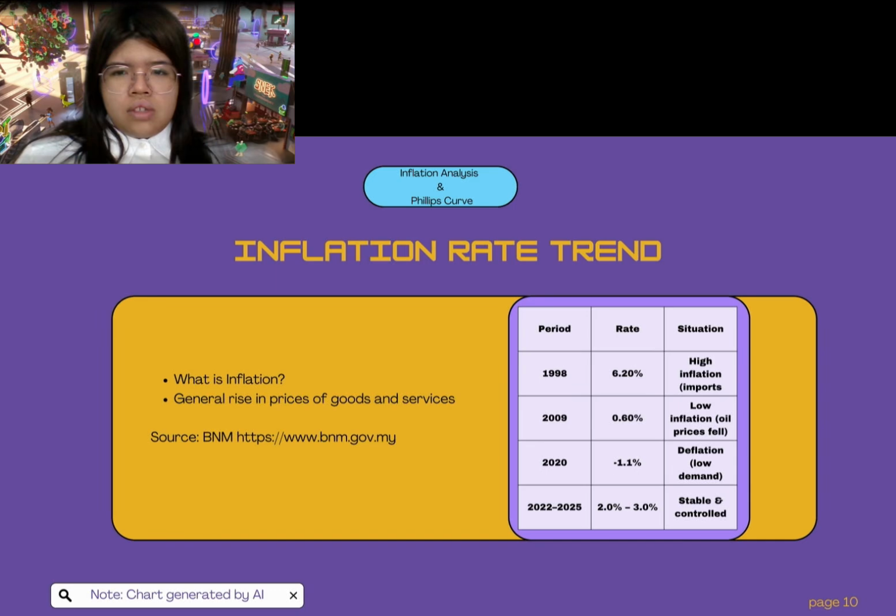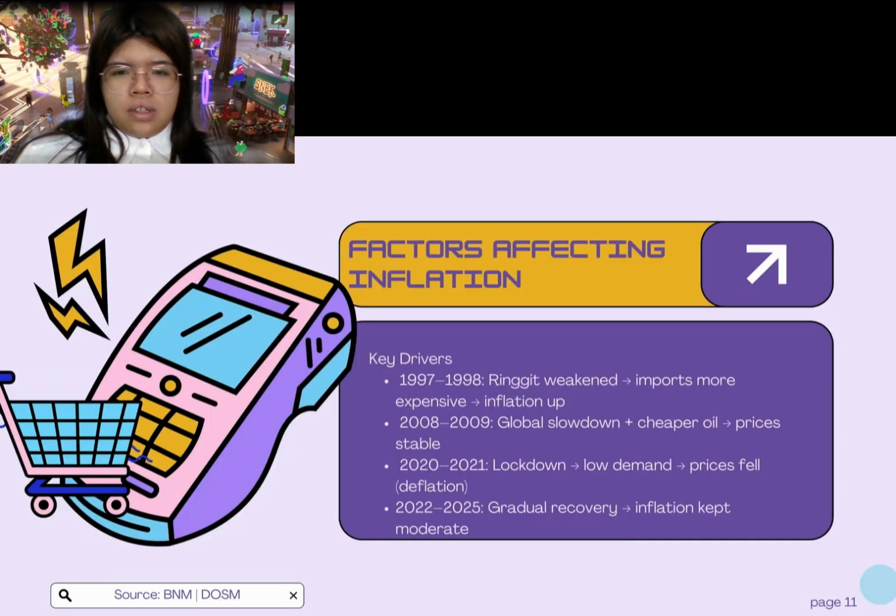In 2020, Malaysia had deflation, which means prices fell because of the COVID-19 lockdown and lower demand. In 2022 to 2025, inflation stayed around 2% to 3%, showing that prices became more stable. Next, let's look at the factors affecting inflation.